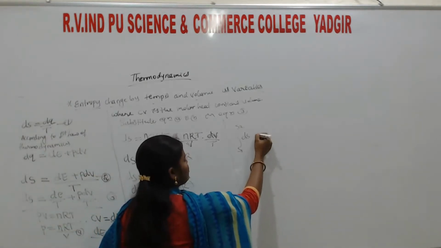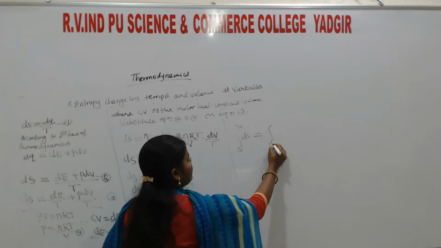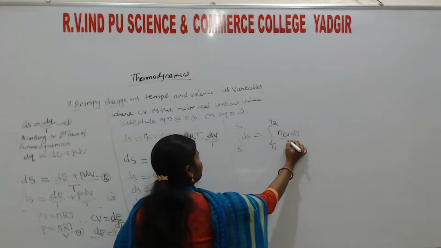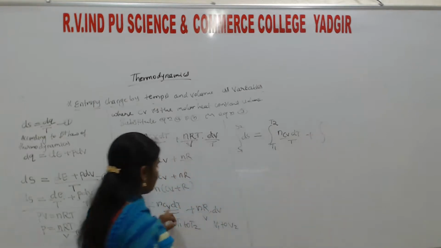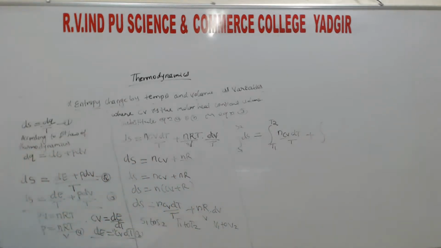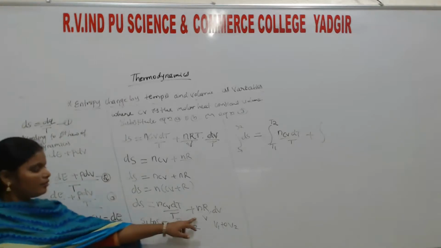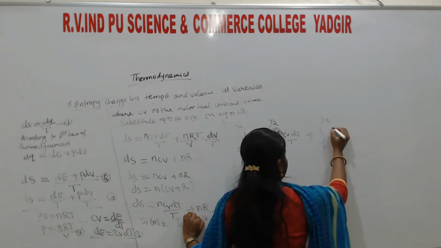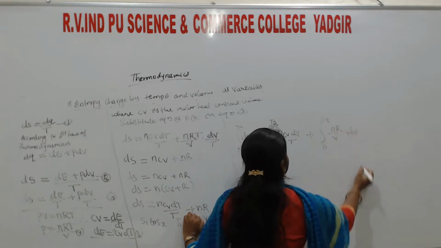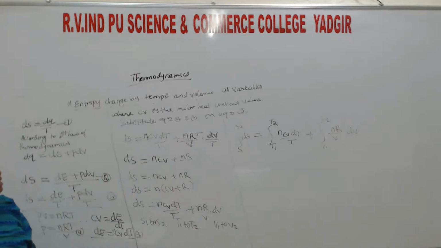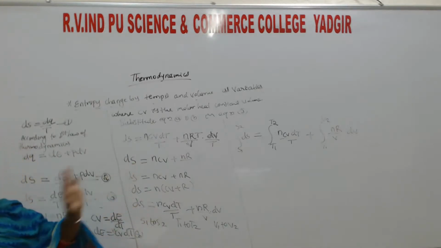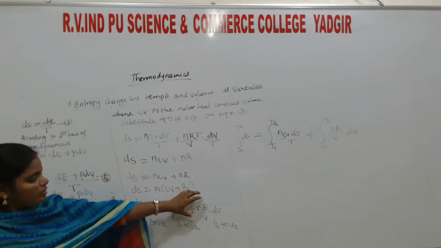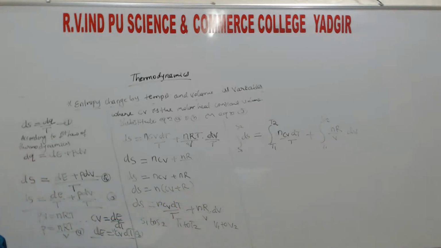This is equal to the integration from T1 to T2 of n CV dT divided by T, plus the integration from V1 to V2 of nR dV divided by V. You integrate this equation with temperature limits T1 to T2 and volume limits V1 to V2.